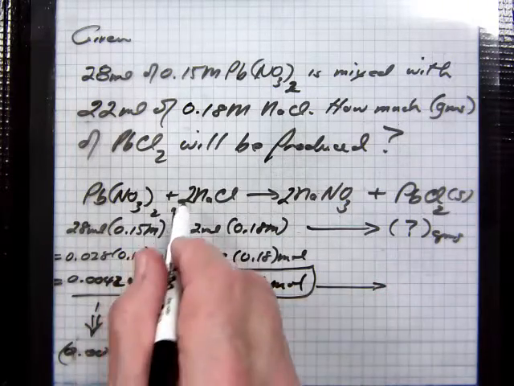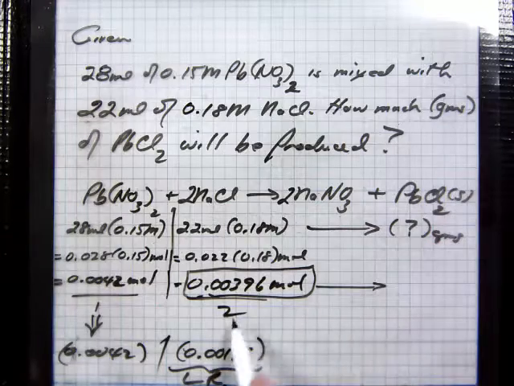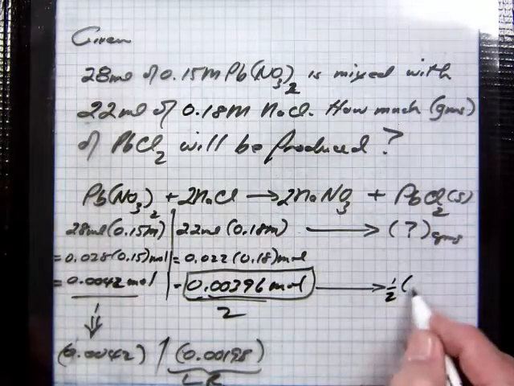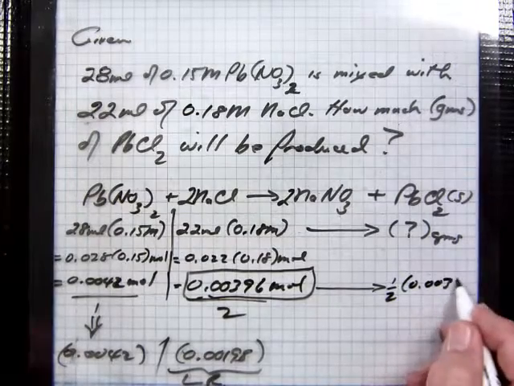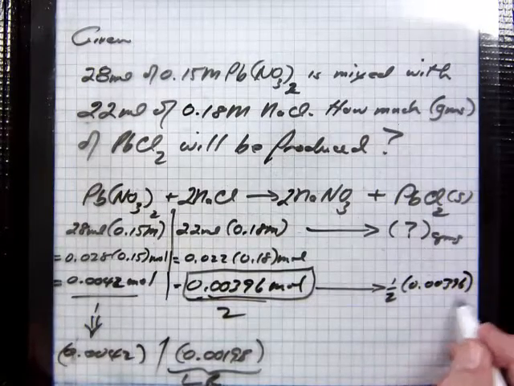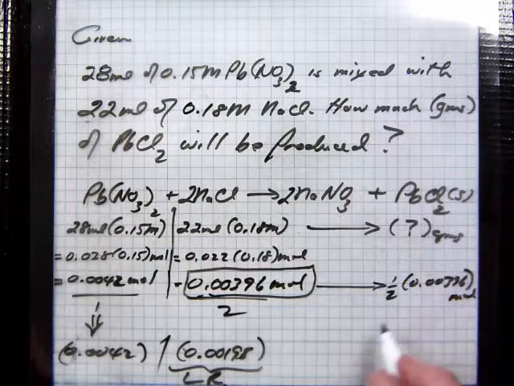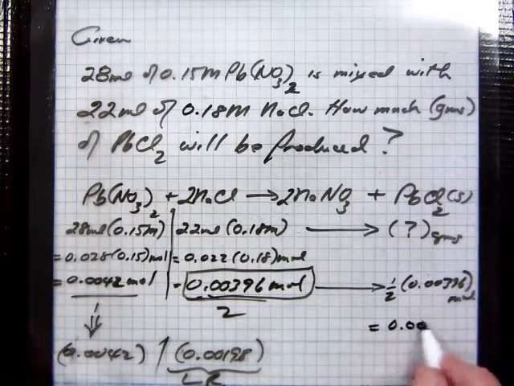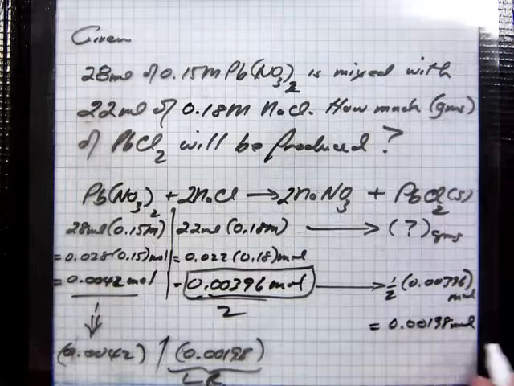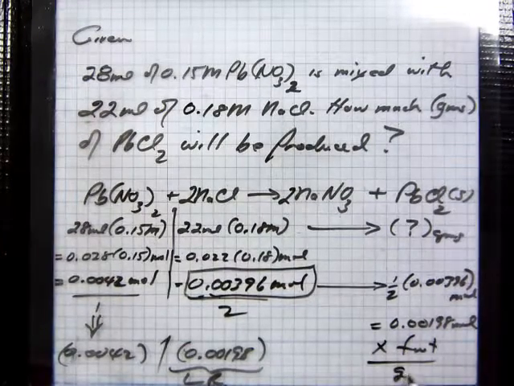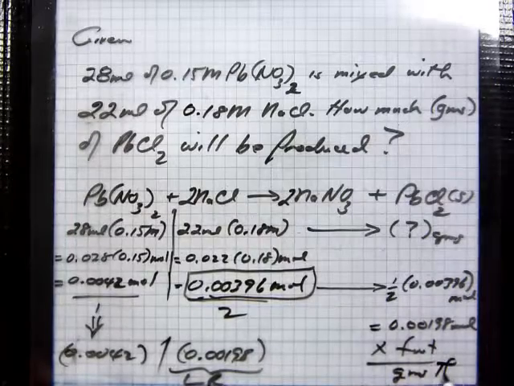Here's a 2 for that one, and that's a 1. I divide by 2. So 1/2 of 0.00396 mole of the lead chloride is generated, which is 0.00198 mole of lead chloride. Times its formula weight gives you the grams theoretical yield.